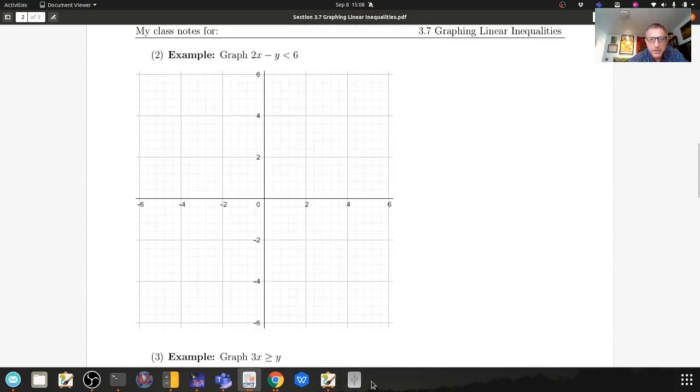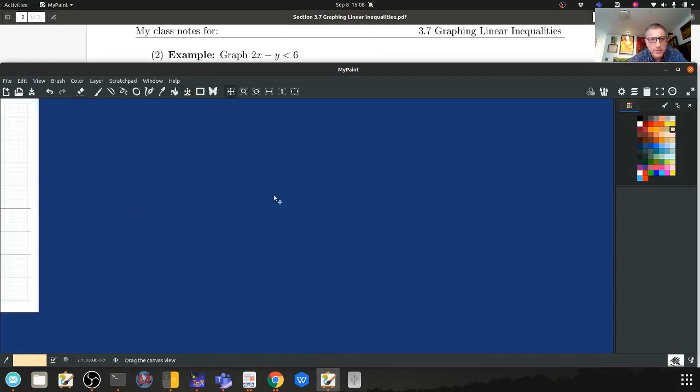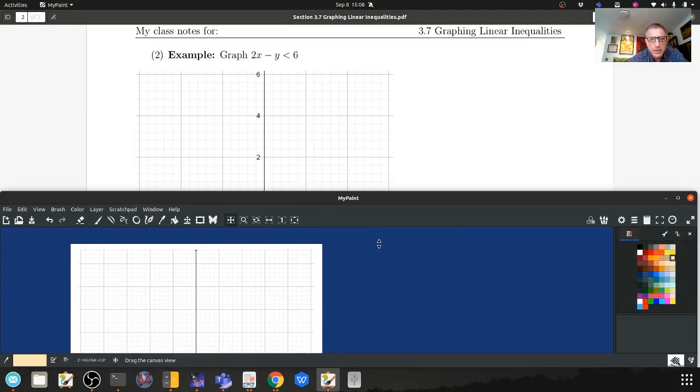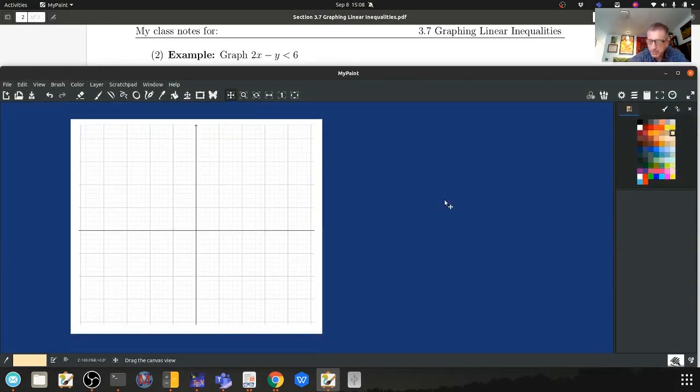So here we go. Let's actually graph 2x minus y is less than 6. I'm going to use this paper. We want to graph 2x minus y is less than 6.